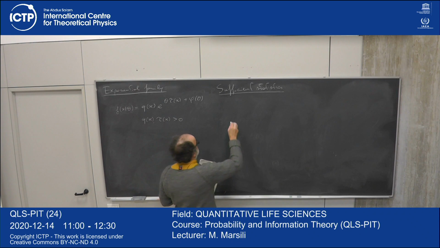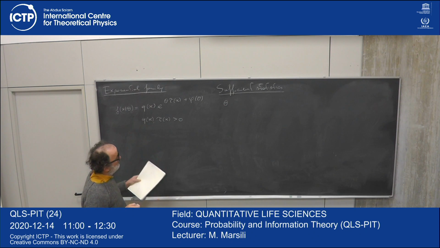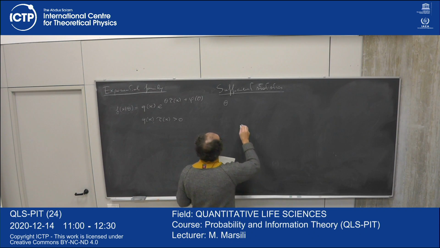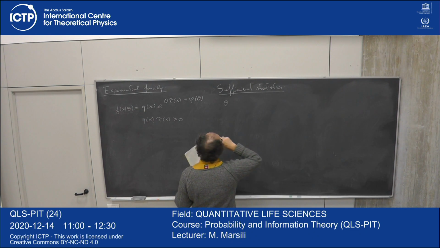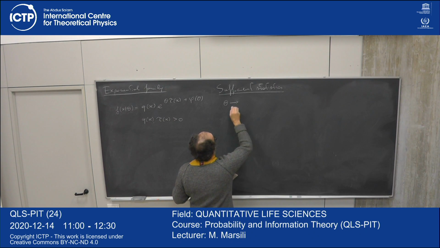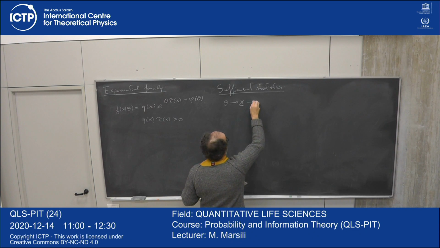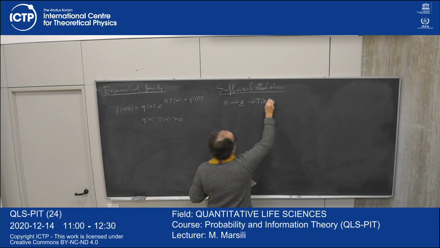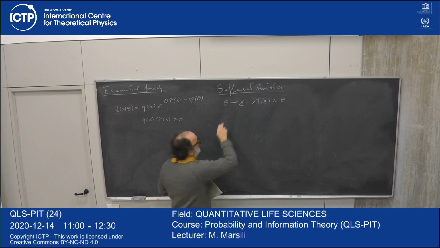If you have a parameter theta, like the parameter of this distribution, then the typical statistical problem in estimation is that from this parameter you generate a sample from this distribution, and then what you would like to have is a function of the sample which essentially gives you an estimate of this parameter.